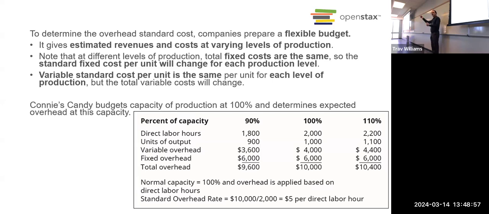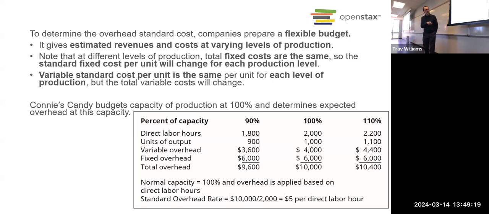Because your sales were way different. So in a flexible budget, you adjust your costs based on your actual sales. And then you can compare those adjusted costs with the actual costs and have a better idea of what they should have been. So that's kind of what's going on here.